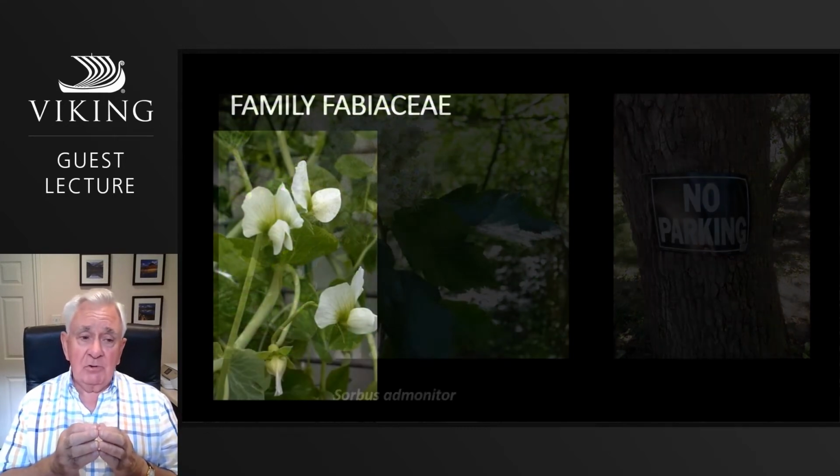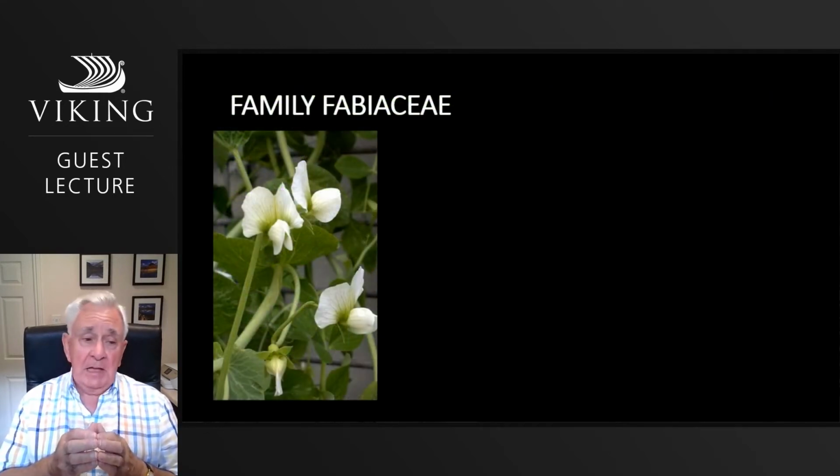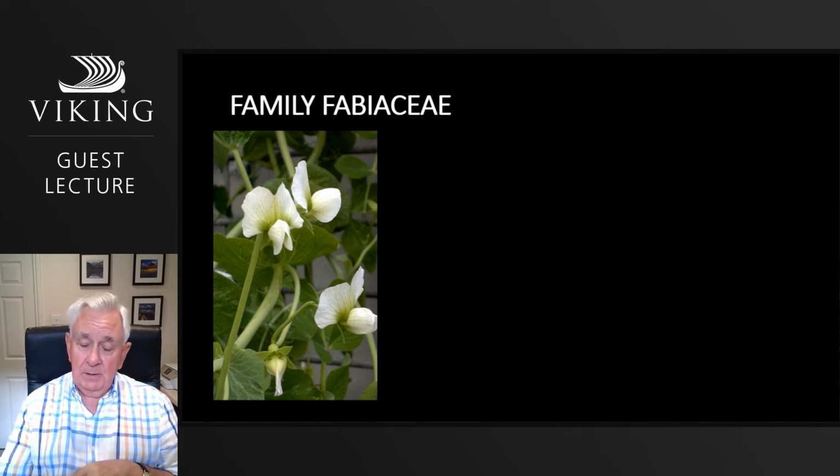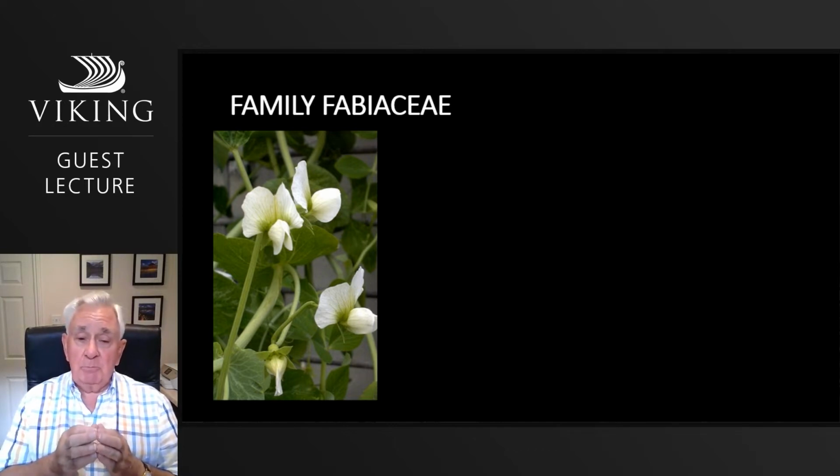Now, plants are arranged into families, and the families are plants which have a very similar floral structure. I'm sure all of you will be familiar with pea plants, and I've shown one there on the left. Clover belongs to the pea family.